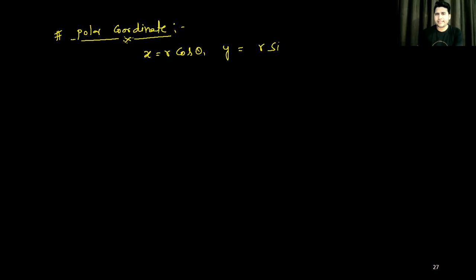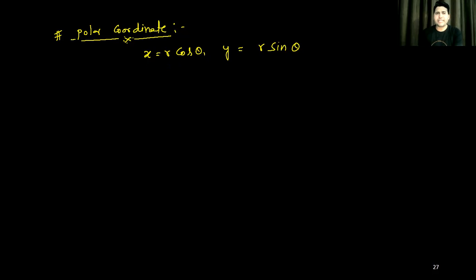In the case of polar coordinates, if I want to change a double integral from the xy plane, that is Cartesian coordinates, to polar coordinates, what should I do? The substitution is x equals r cos theta and y equals r sin theta.